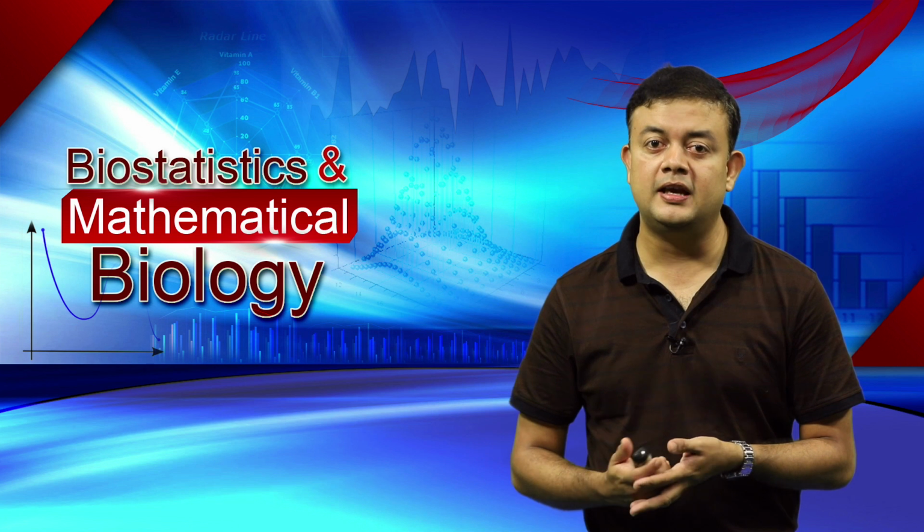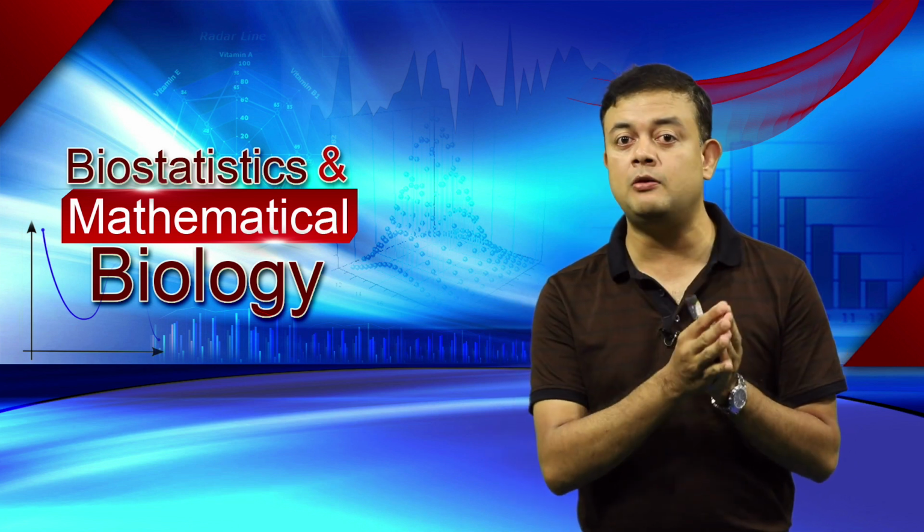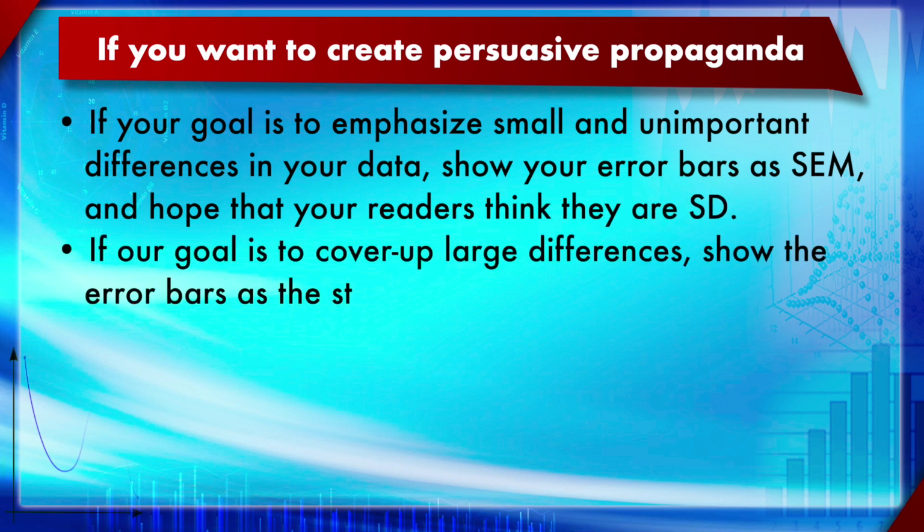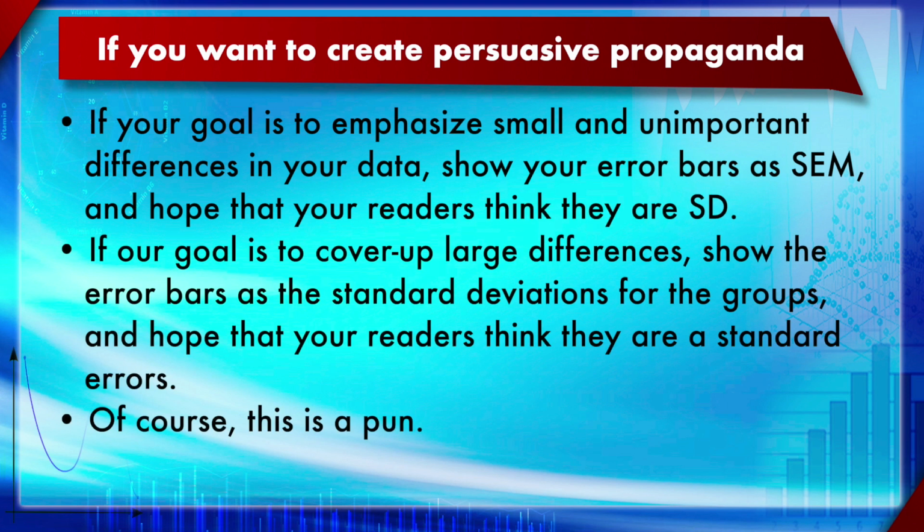So, a quote from it is: if you want to create a persuasive propaganda, what is that? If your goal is to emphasize small and unimportant differences in your data, show the error bars as standard error of the mean and hope that your readers will think that these values are standard deviation, because the standard error of the mean is always less than the standard deviation.